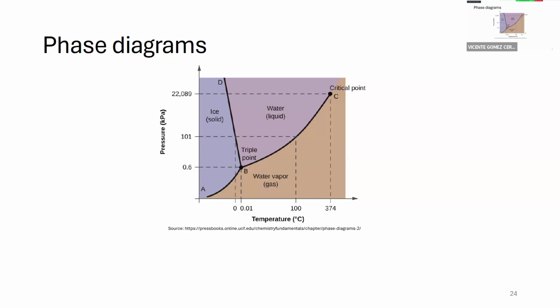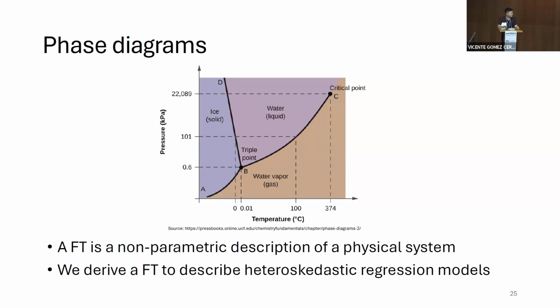For different types of combinations of regularizers, we expect to discover different models that exhibit different types of overfitting, different types of underfitting, and different types of hopefully well-calibrated fits. So that is to say, what was pressure and temperature is now rho and gamma, solid, liquid, gas, overfitting, underfitting, nicely calibrated. To try to understand this physical system, we're going to derive a field theory, and we're going to apply this to our heteroscedastic regression models.